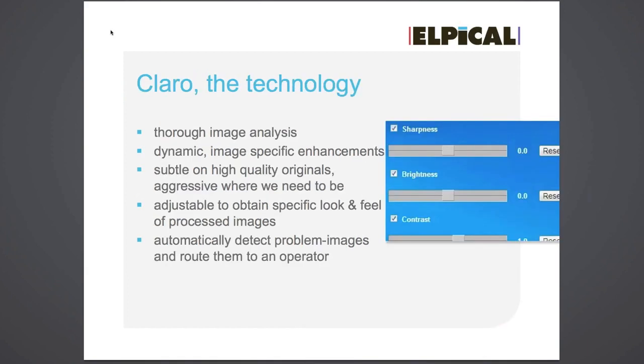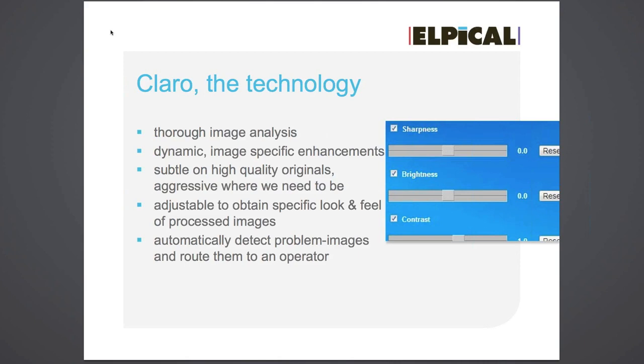The Claro technology is important to understand, and we will obviously go into more detail during the demo. But when we talk about image optimization, it is important to understand that the image optimization that Claro performs is based on a thorough analysis of the image.